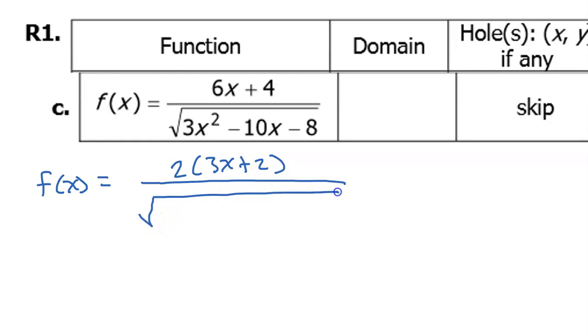How about the denominator? This trinomial looks like it will factor as a binomial times a binomial. 3x squared can only factor as 3x times x. Jumping over to the 8, that will either be 2 times 4 or 1 times 8. I'm going to try 2 times 4 first.